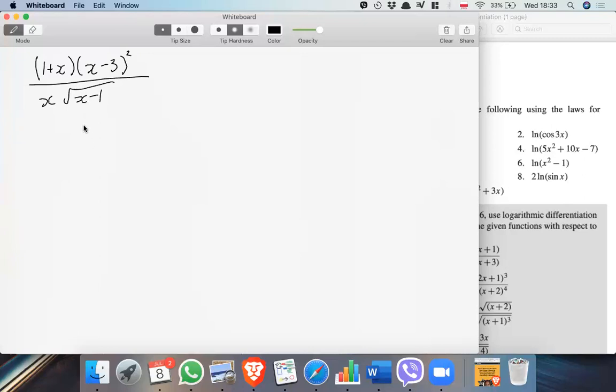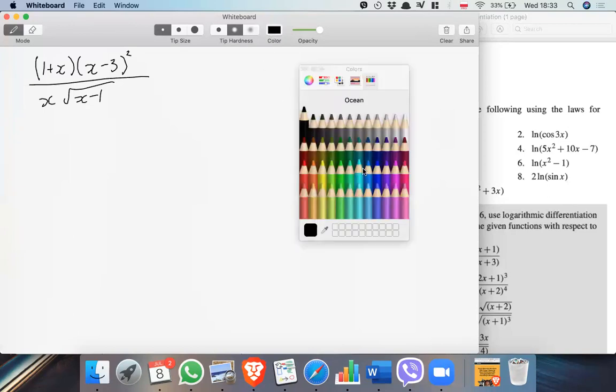The reason why we hit the wall here is that in the numerator we have a product of two functions, in the denominator we have a product of two functions, and between the numerator and the denominator we have a quotient.